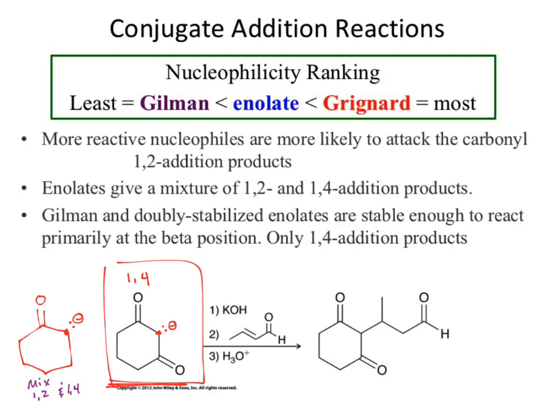What happens as we move from Grignard to Gilman? What happened to the strength of the nucleophile? Grignard to Gilman, the nucleophile became less nucleophilic. It is less nucleophilic because it is less negative. And that came back to our difference in electronegativity. When we look at the enolate shown here, why does this one favor 1,4 and this one now 1,2 and 1,4?